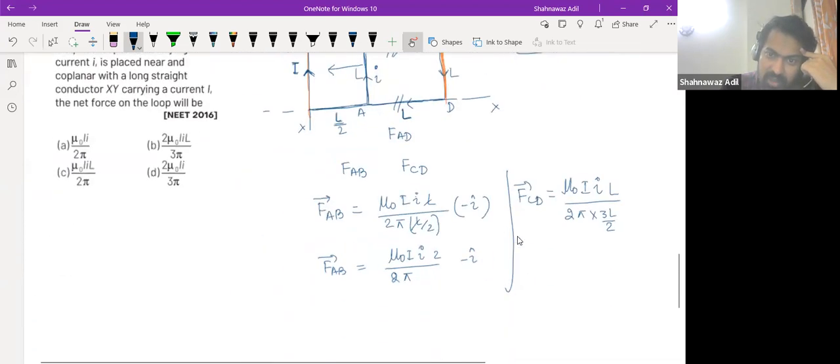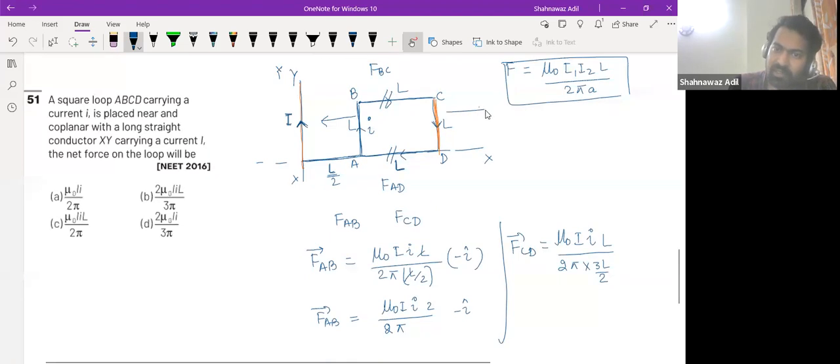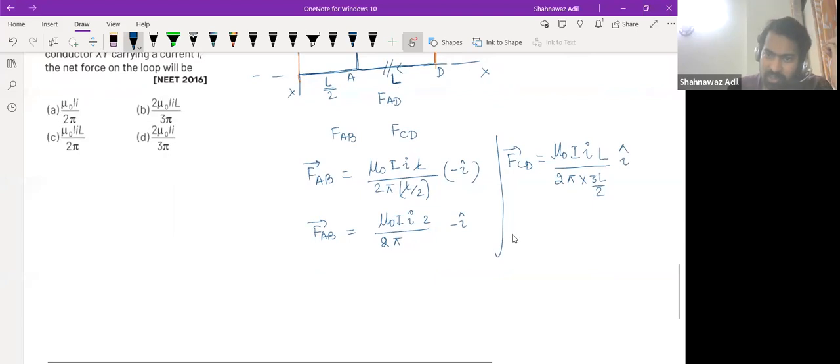So the force would act in this direction. FCD would be mu naught I squared, L will again cancel, and we have 2 pi times 3, and 2, in the i hat direction.